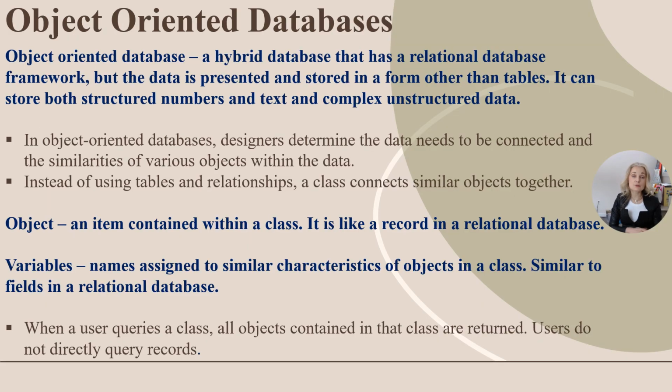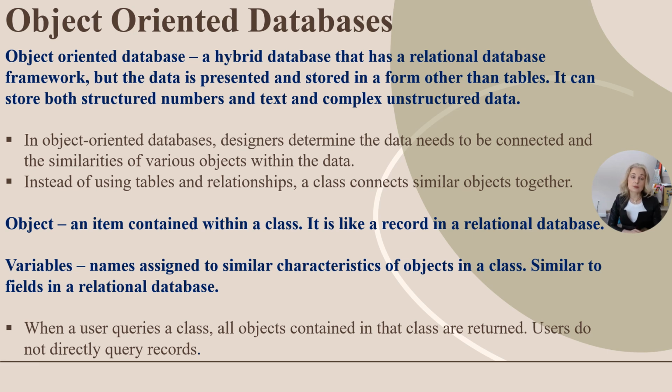In contrast to relational databases, you can also have databases that are called object-oriented databases, and these are a hybrid that have a relational database framework, but the data is presented and stored in a form other than tables. And this is a benefit because it means that these databases can store both structured and unstructured data.